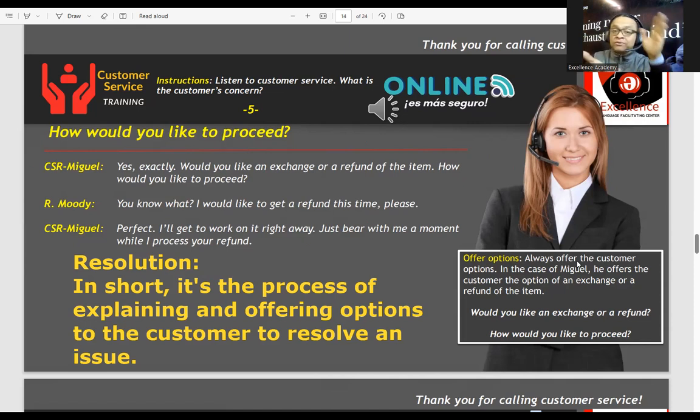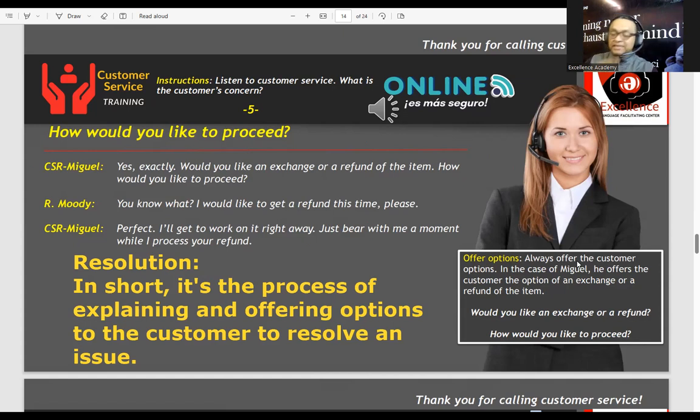So then the customer chose the refund. Perfect. So then he would obviously proceed to do the refund on the system, the steps and all that. But that's a part for product training. When you get to that stage, if you work for retail, they'll teach you the computer system application steps that you need to follow to return the money, which can be done in minutes.